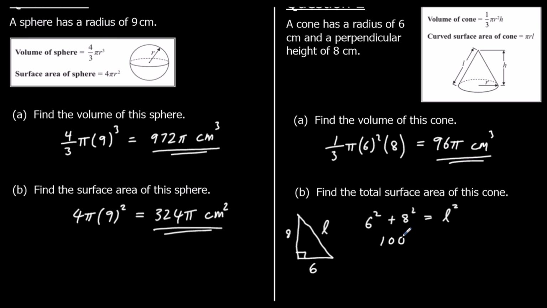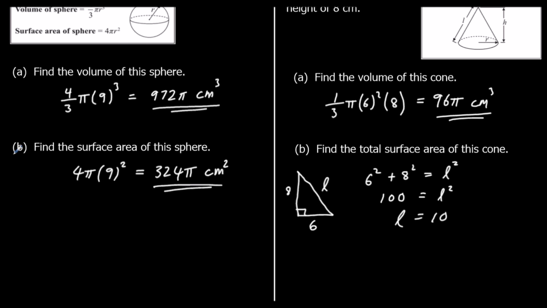So 100 is L squared, and square root both sides tells us L must be 10. So the curved surface area is pi r L.